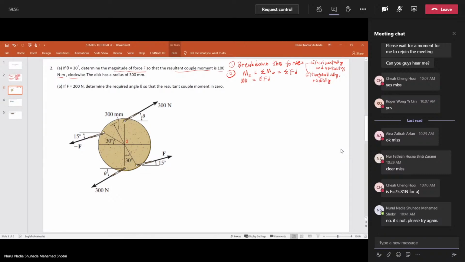For today's tutorial, I will show the steps to break down the forces using tangential and radial components, because it's one step shorter compared to horizontal and vertical. So basically, we have to break down the forces first.